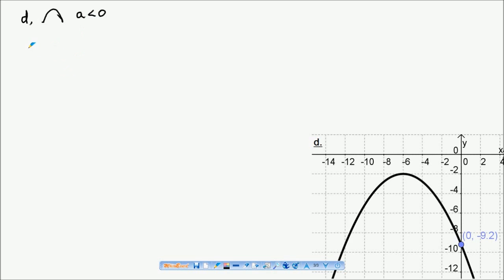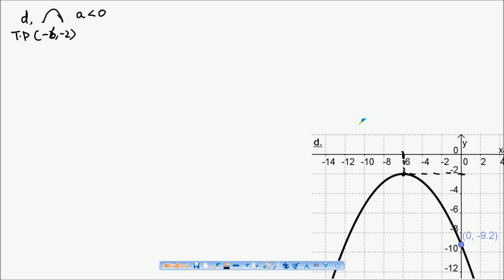Now let's do this problem. The turning point is at minus 6 and minus 2. We read it from the graph. It's minus 6, minus 2. We read them from the graph.